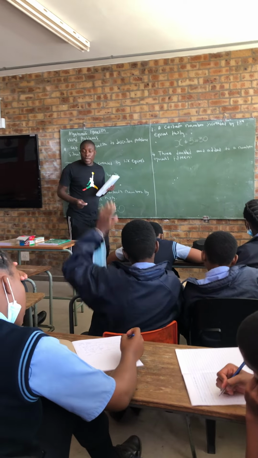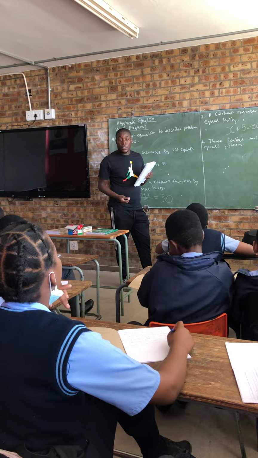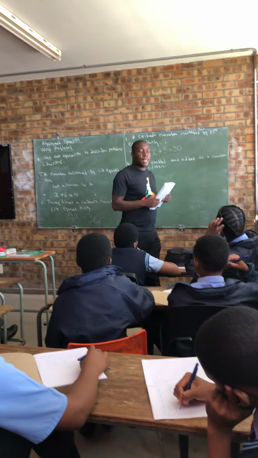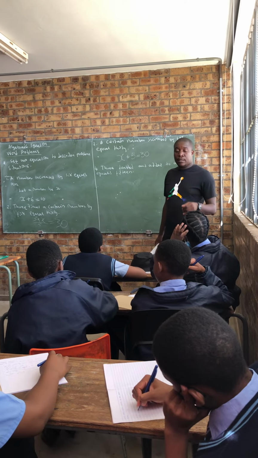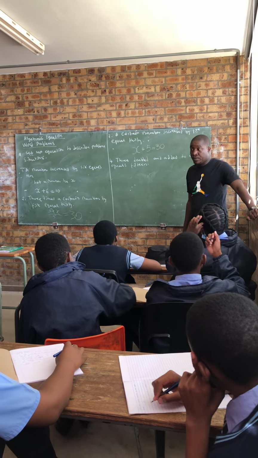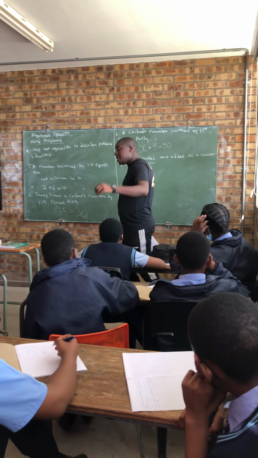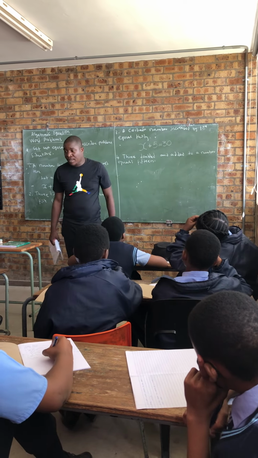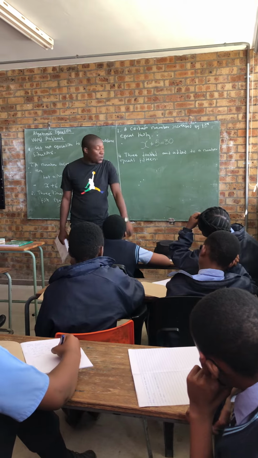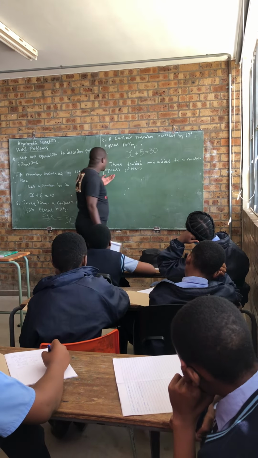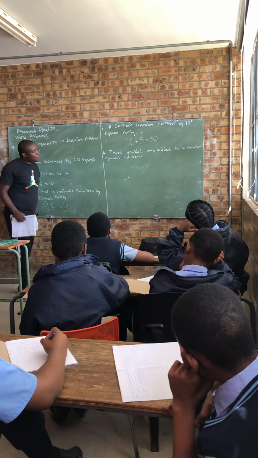Now let's talk about the word double. The word double means multiplied by 2. That means the unknown number is multiplied by 2 and added to a number equals 15.